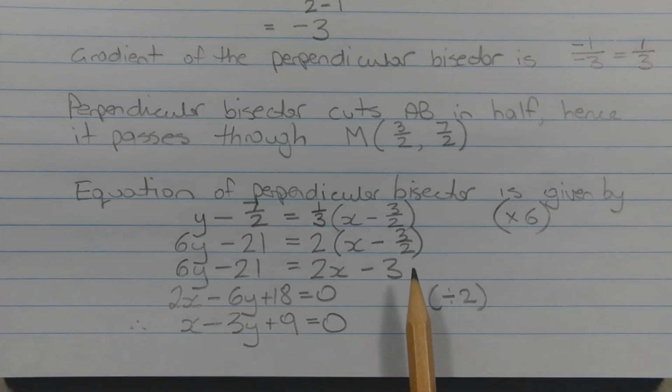Putting all terms to one side and combining the like terms here and here, we get 2x minus 6y plus 18 is equal to 0. Notice that all terms here have even coefficients and the constant here is even as well, so we can divide everything by 2. Therefore, the equation of the perpendicular bisector is x minus 3y plus 9 equals 0 as required.